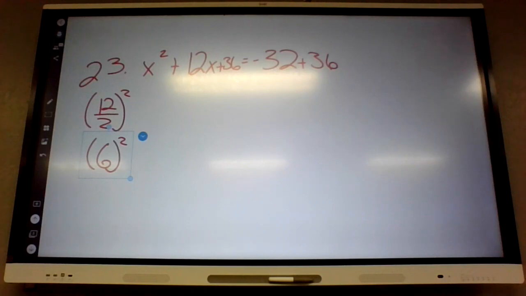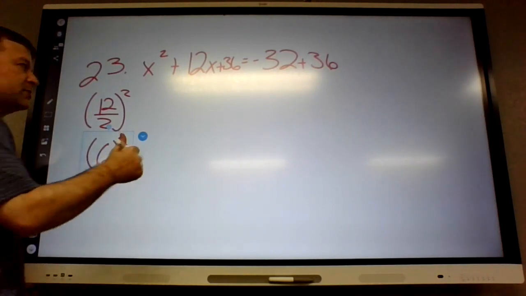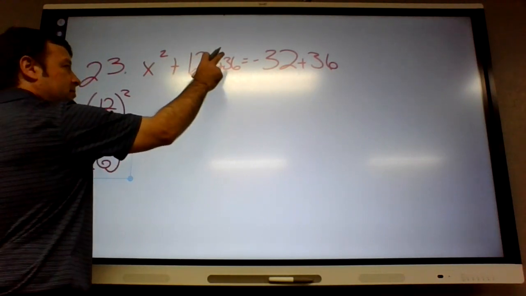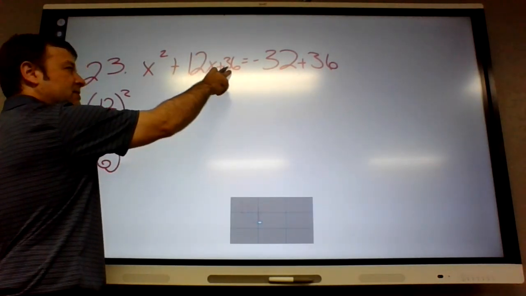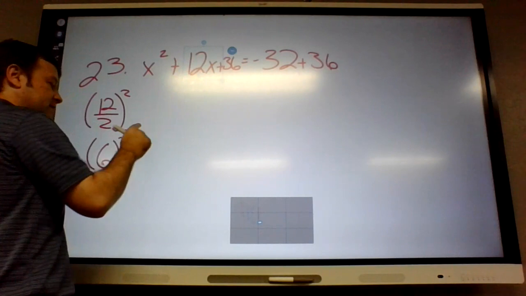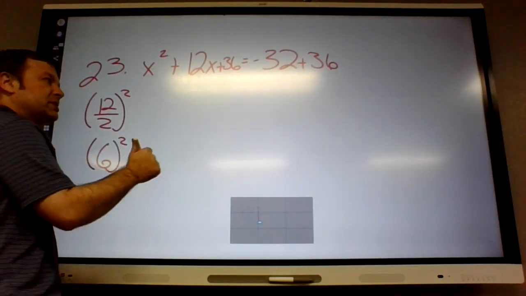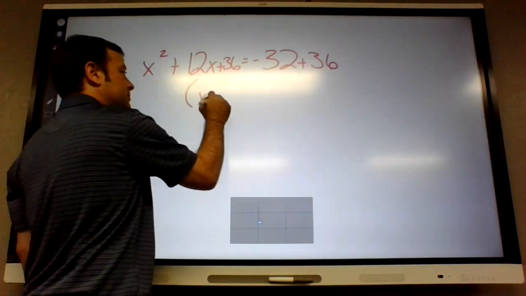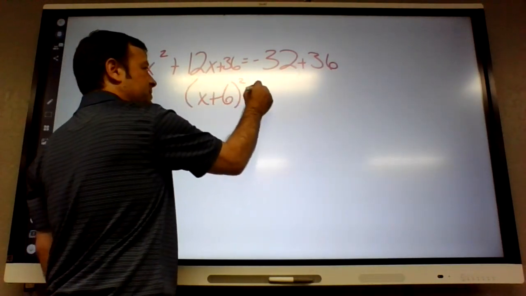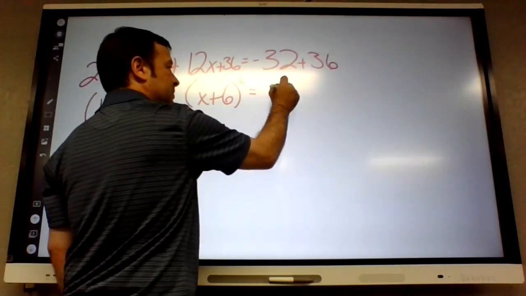The reason we did that is because now the left side is going to be a perfectly factorable perfect square. What multiplies into 36 that adds up to 12? 6 and 6. It's this number every time, the number in parentheses. So it's x plus 6 squared equals, in this case, 4.